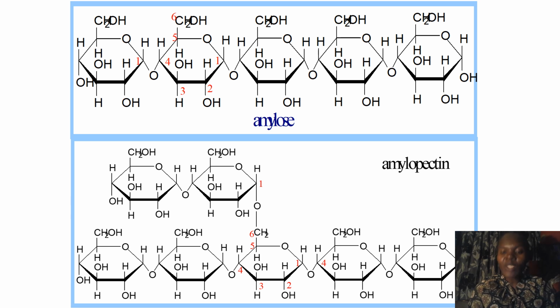It's easier to extend the glycosidic bond downwards because of the alpha D glucose. So it is linear. Amylose is a linear type of starch, and then amylopectin, look at the linear part. Then at the branching point we have the alpha 1,6. So amylopectin is branched, amylose is linear.